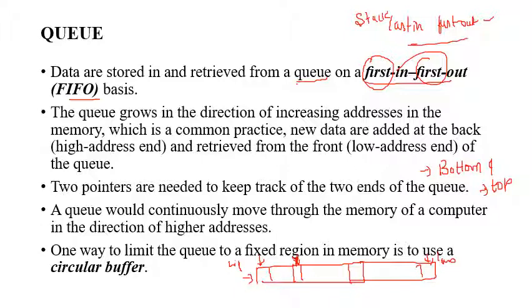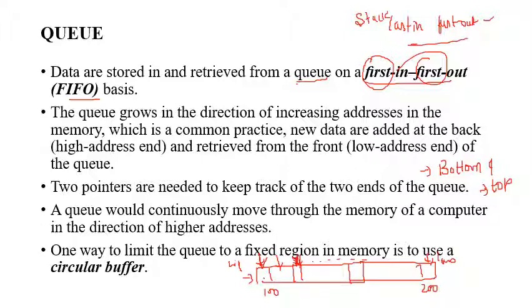One way to limit the queue to a fixed region is using the circular buffer. For example, let me assume the queue starts at 100 and we need to limit it at 200. The new data is added at the higher address: one data is stored in 100, the next data gets stored here, the next here, and it keeps on.